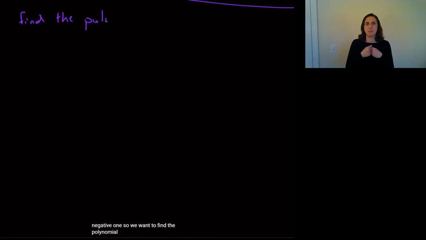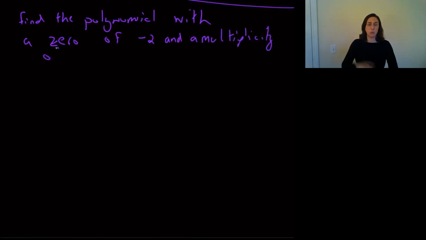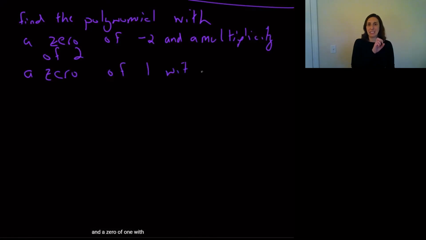So we want to find the polynomial with a 0 of negative 2 and a multiplicity of 2, and a 0 of 1 with a multiplicity of 1.